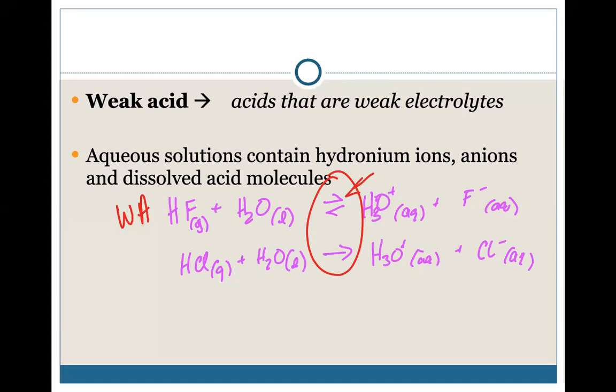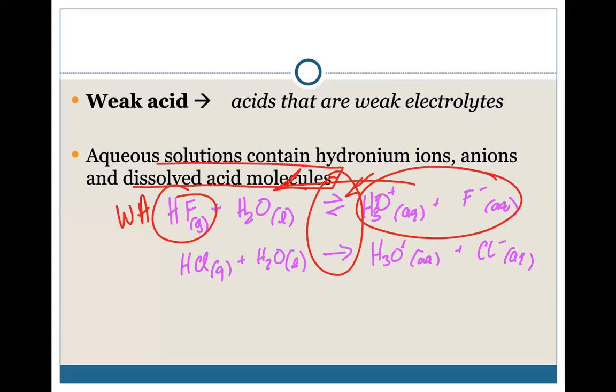The reaction is reversible, which means you can have hydronium react with fluoride to reverse and reproduce the dissolved acid molecules and water molecules. For a strong acid, you see only a forward arrow because it only goes in one direction. It ionizes 100% and it is not reversible. Okay, that's because it's strong.